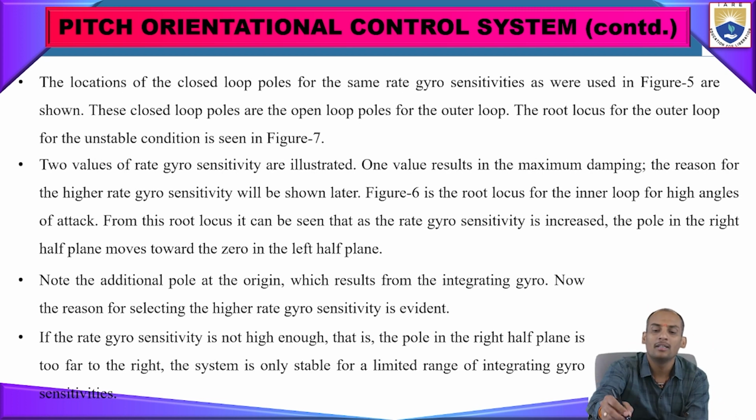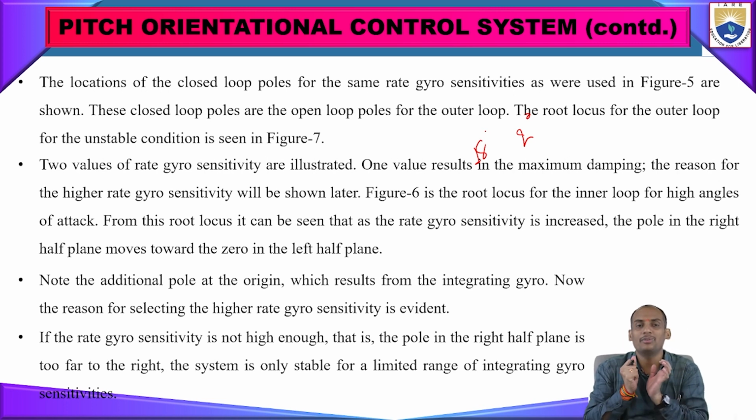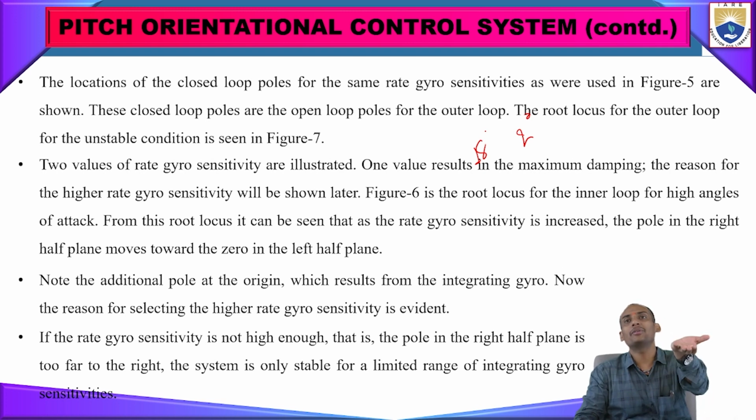I said 2 degrees is the critical value and 1.8 degrees is the maximum value. Whenever we forcefully apply the control stick, and it suddenly goes to 1.8 degrees, that sensitivity is very rapid.